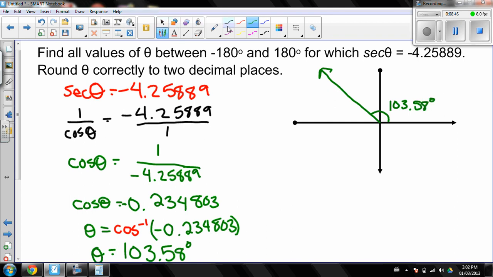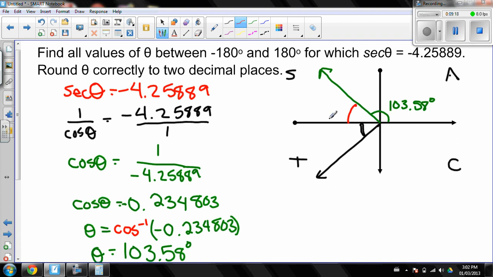But we know, again, based on CAST, C-A-S-T, that cosine, which comes from our secant, is negative not only in this quadrant, but also in this quadrant. So what I need to know in order to figure out this little angle right here, this little guy, is I have to find my reference angle, which, remember, is always in between your angle and the x-axis.